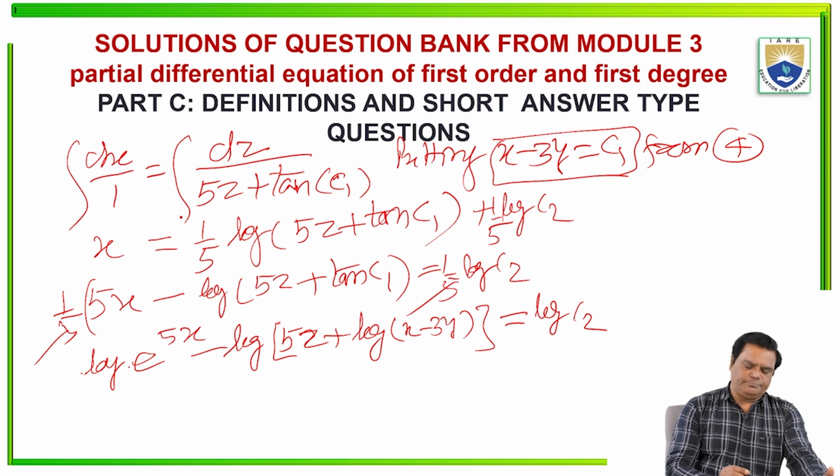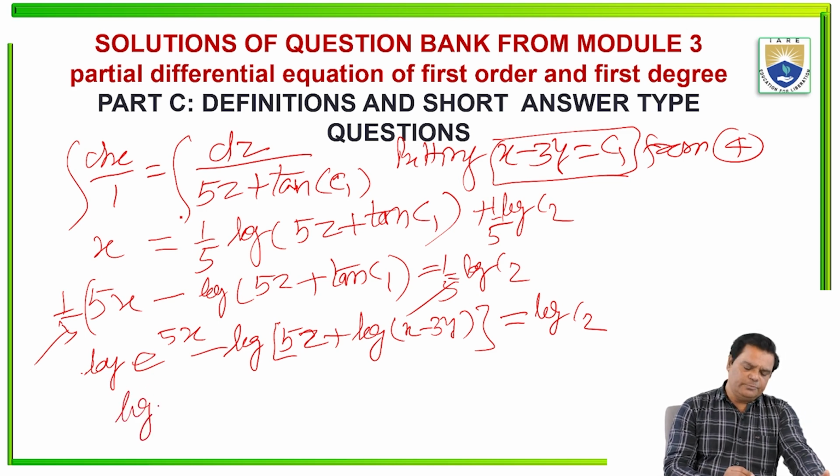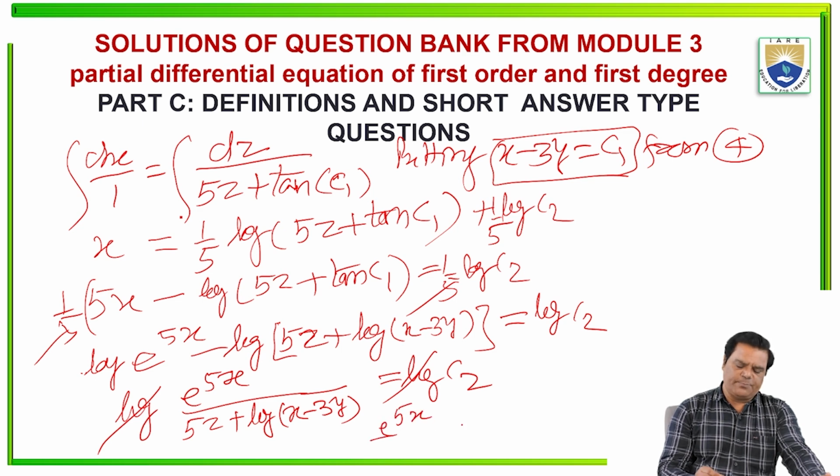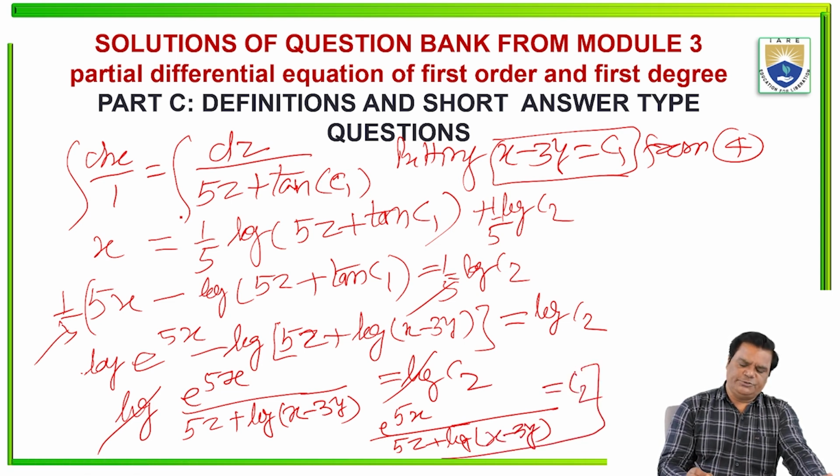So now we can write log e to the power 5x upon 5z plus log x minus 3y equal to log c2. Log is cancelled, so e to the power 5x upon 5z plus log x minus 3y equal to c2. This is the second solution.